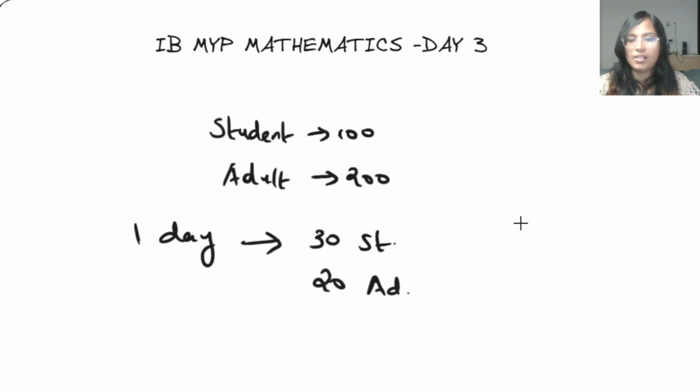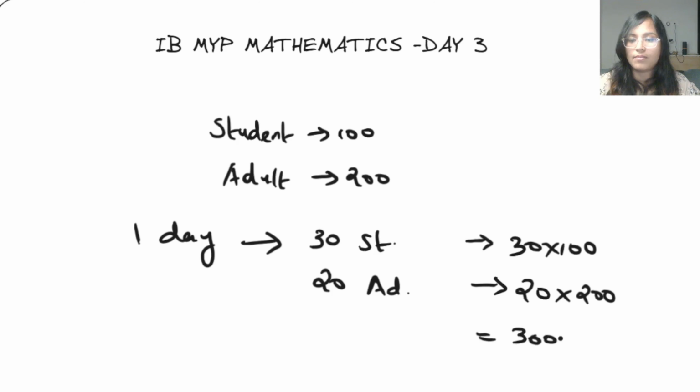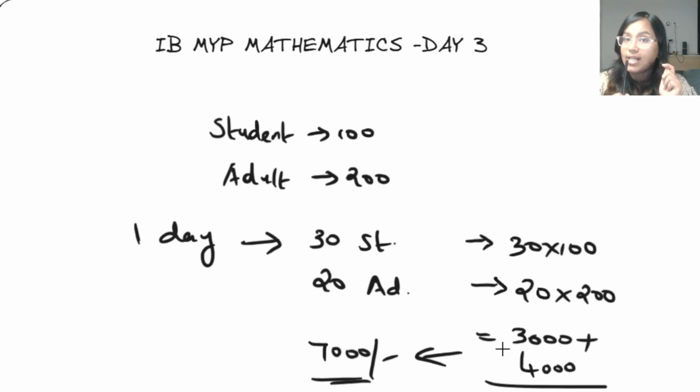Let's calculate. So here 30 students, right? So 30 into 100. Here 20 adults, so 20 into 200. So the answer will be 3000 plus 4000. So the answer is 7000. Now the task is to explain how you got this answer.